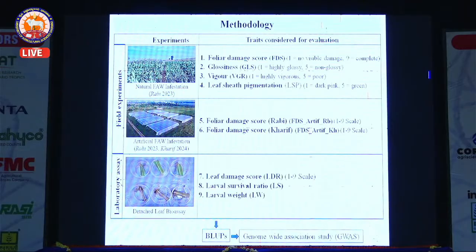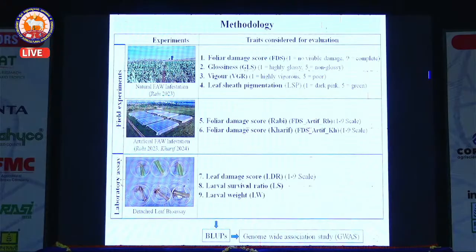We framed a multi-step screening, including field as well as laboratory. In the field we have screened under natural infestation condition as well as artificial infestation condition using a screenhouse facility available at ICRISAT across 2 seasons.